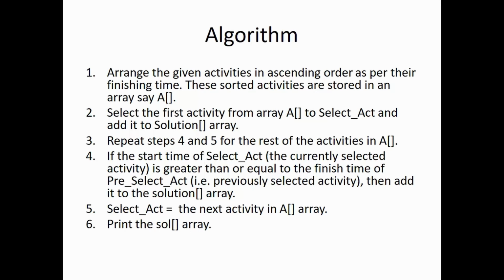If this is true, then add it to the solution array, else reject. At step number 5, we update select_act; here we take the next activity in A. So steps 4 and 5 are repeatedly executed. Then at step 6, the solution array is printed.